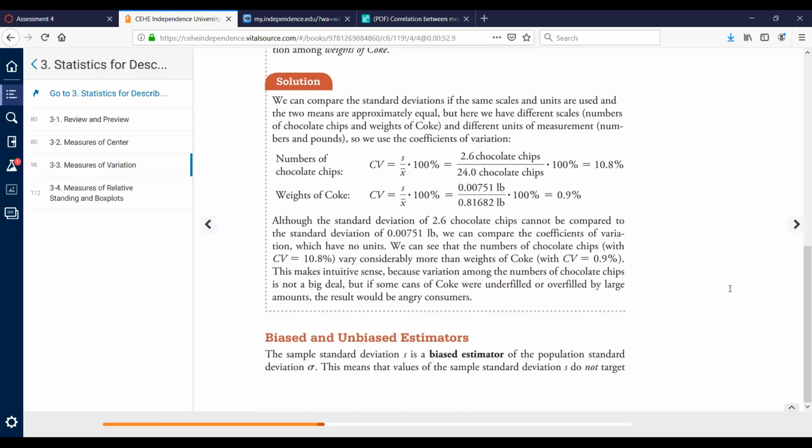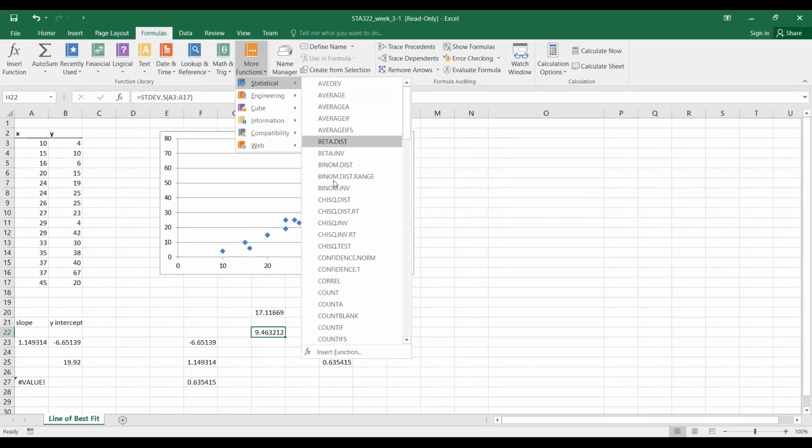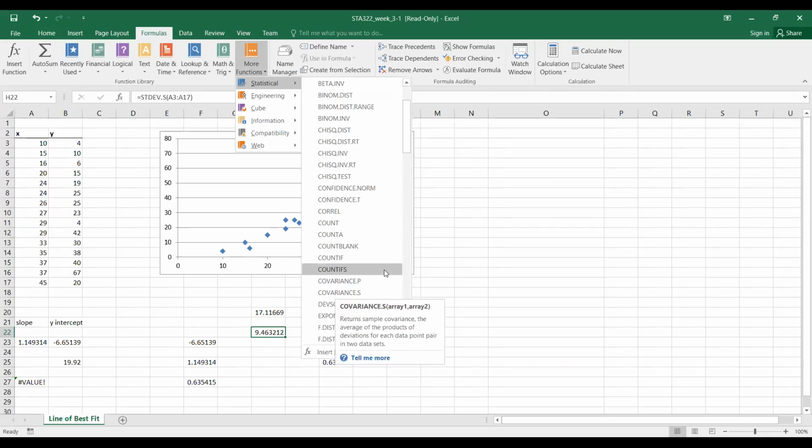Now, let's go back to this spreadsheet. What I don't know, quite frankly, is if we can calculate the coefficient of variation directly. Okay, that's covariances.